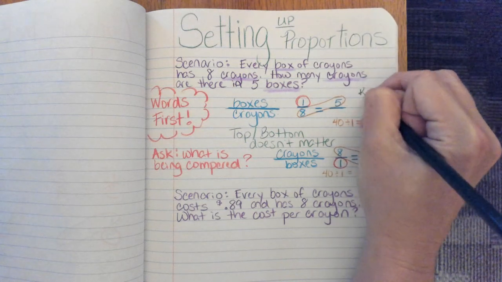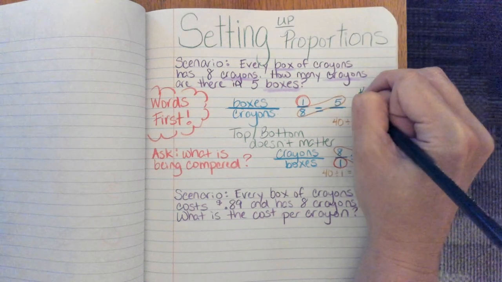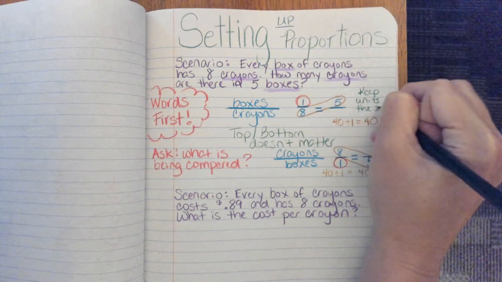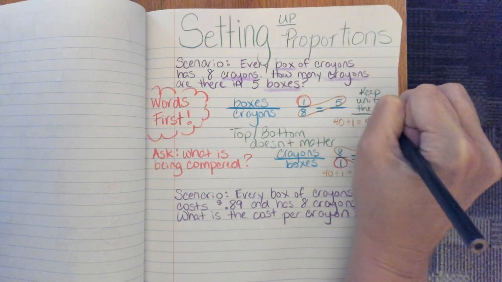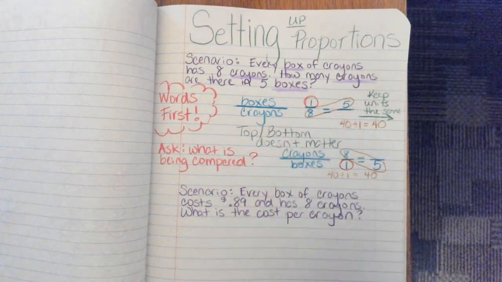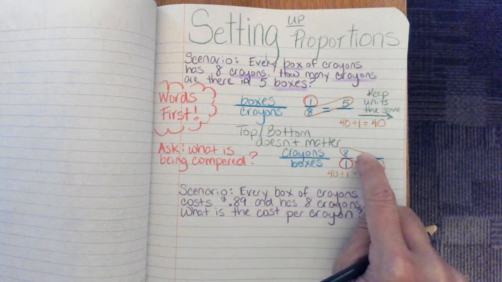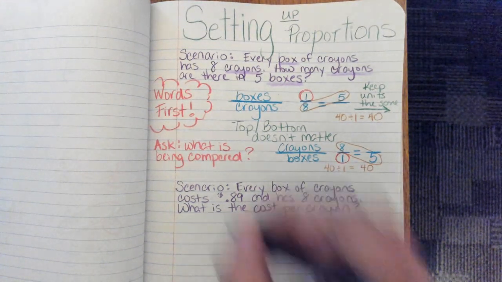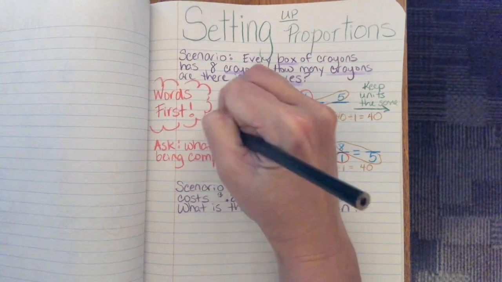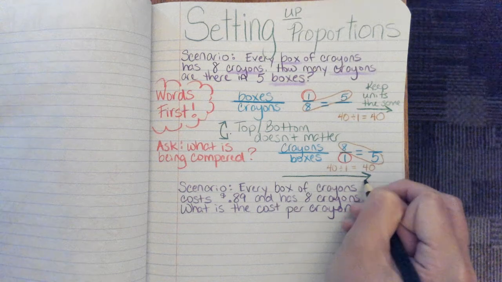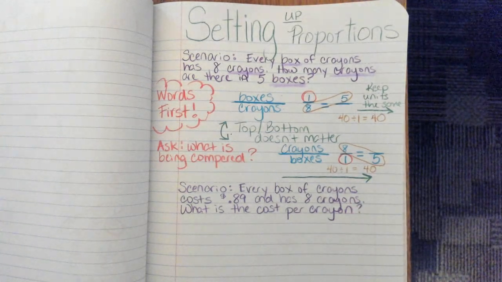You have to keep your things or your units the same going across. These are all box numbers, these are all crayon numbers. These are all crayon numbers, these are all box numbers. So the top bottom doesn't matter. What matters is that going across, you're seeing the same units.